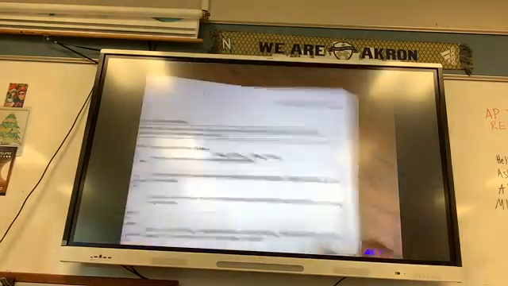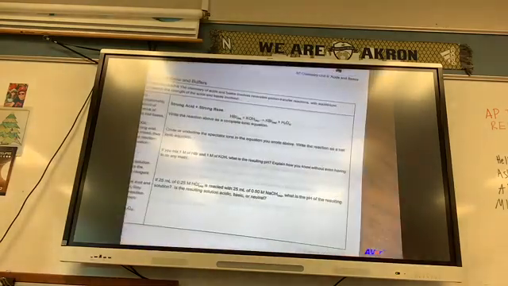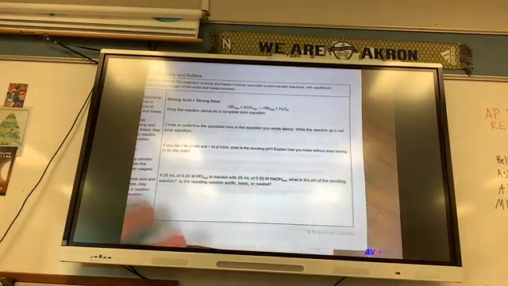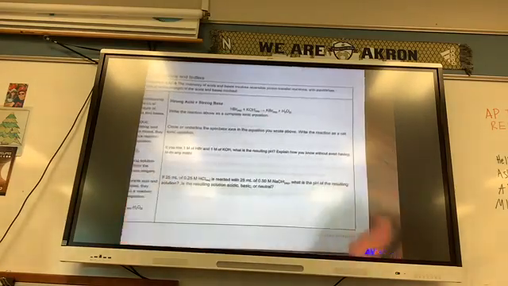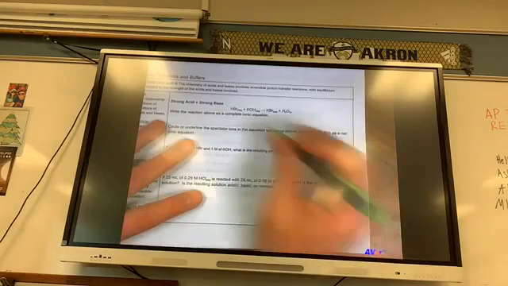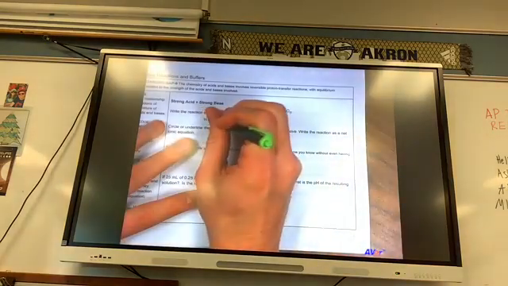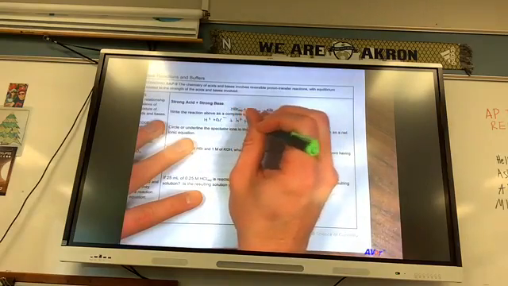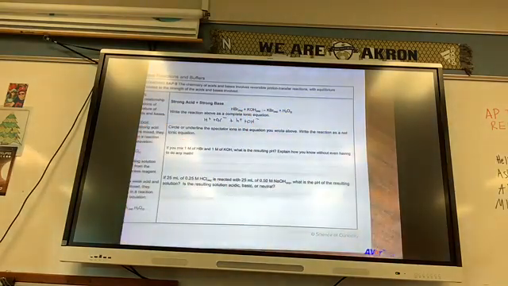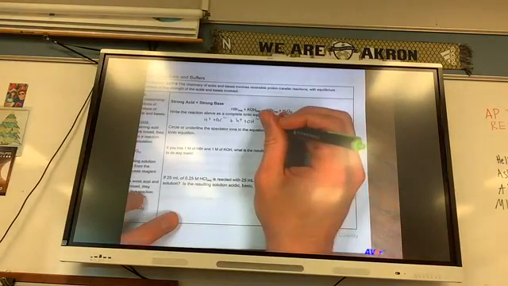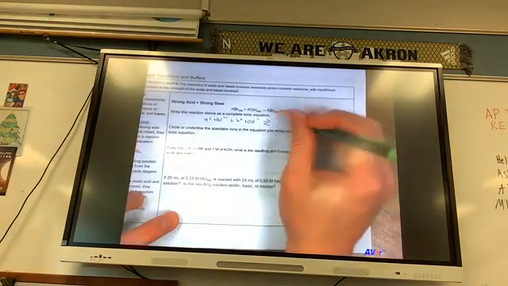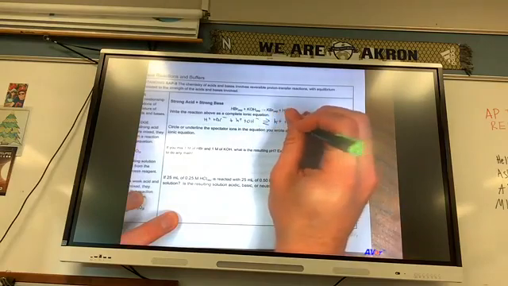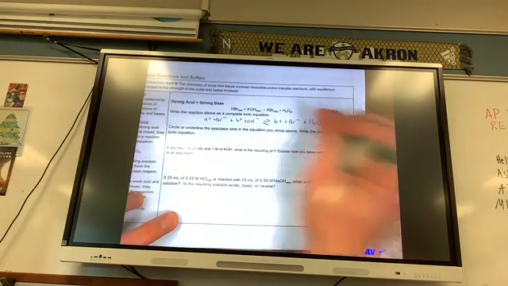Let's try to finish this page. Strong acid, strong base. Write the above reaction as a complete ionic equation. Okay, that's easy. That's H plus, OH minus, K plus, Br minus, which makes K plus, Br minus plus H2O.